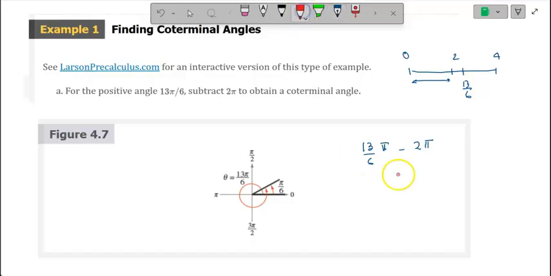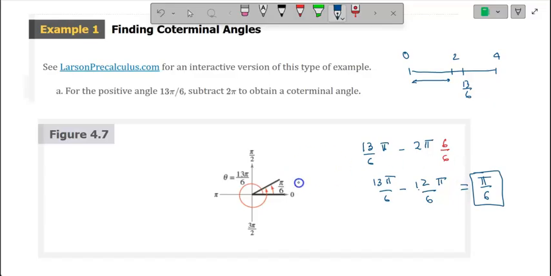And you want to get the same denominator, so multiply by 6 and 6, and this is going to turn into 13 pi over 6 minus 12 pi over 6. Since they have the same denominator, that's going to give you pi over 6, and that's going to be the coterminal angle between 0 and 2 pi, right? So there you go. Once you graph it, you're going to make the whole revolution plus an extra pi over 6.